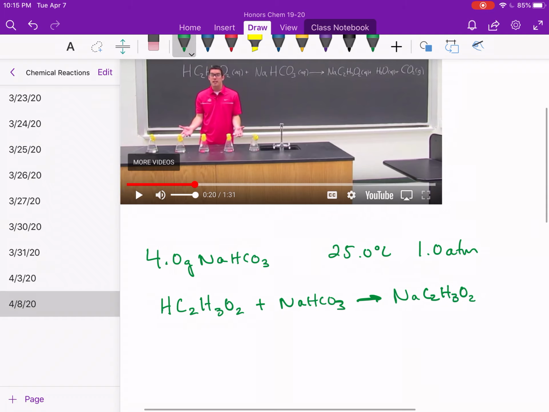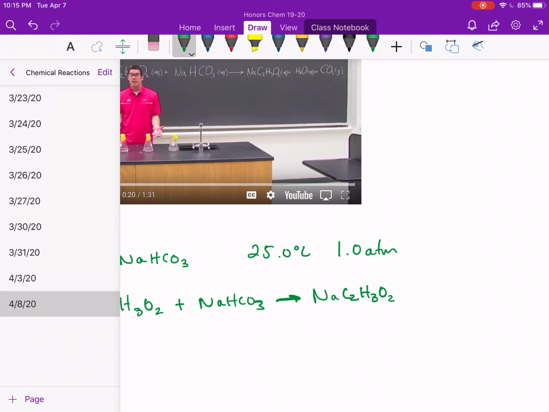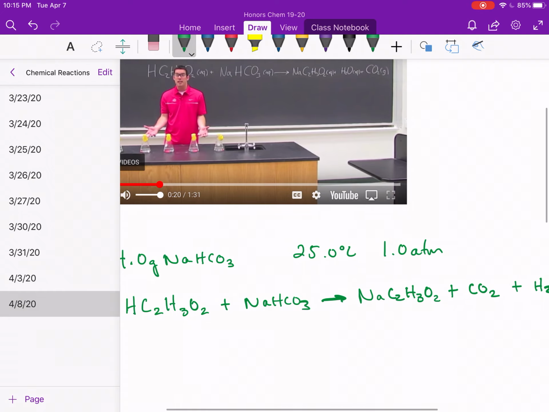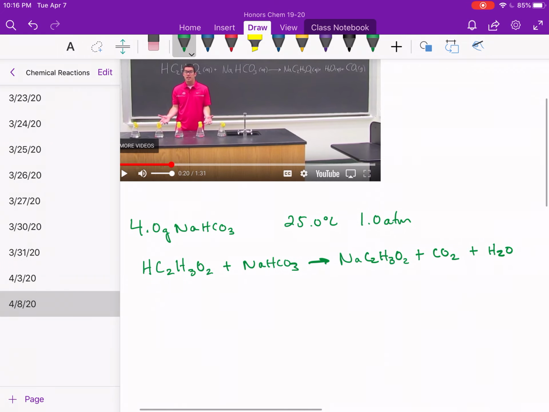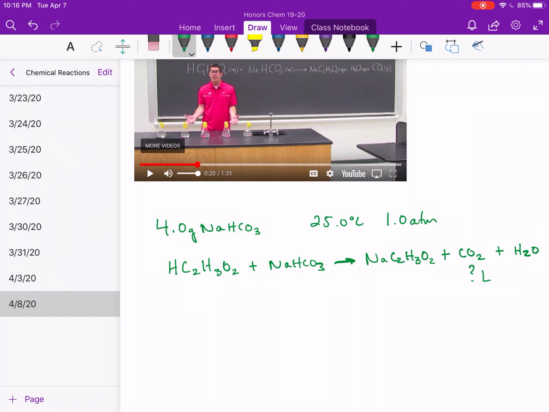Since we are reacting an acid plus a hydrogen carbonate, we're going to produce CO2 plus H2O. The question becomes, how much of the CO2 was actually collected? I want to know how many liters of that CO2 was collected. How big was that balloon after the reaction for that 4 grams? And so we're going to have our 4.0 grams, and for this particular reaction, the acetic acid is in excess.